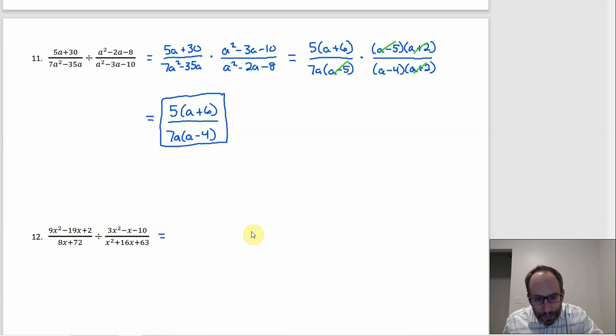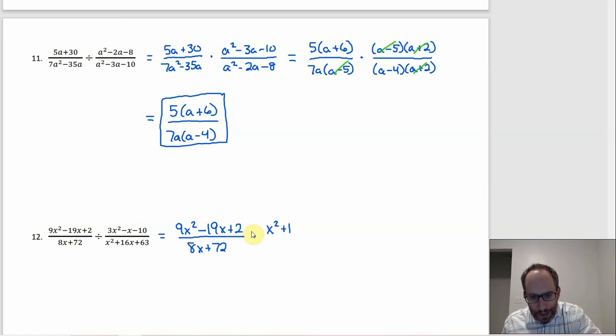So 9x squared minus 19x plus 2 over 8x plus 72. And that's going to be multiplied by x squared plus 16x plus 63 over 3x squared minus x minus 10.